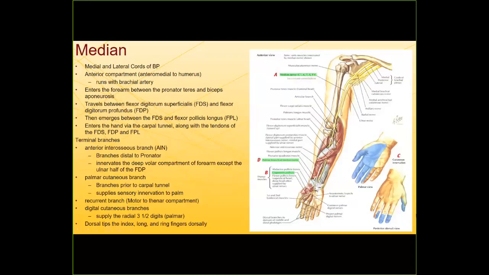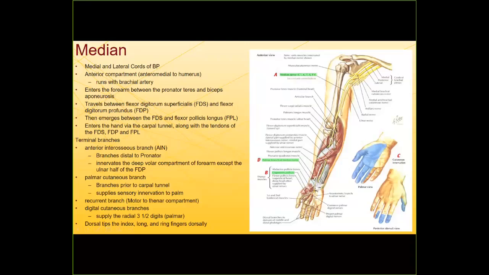Okay, and it sends off a branch to this side of the index finger, this side of the index finger, this side of the middle finger, this side of the middle finger, and then this side of the ring finger. Okay, and it's also sent off sensory branches up here to the thumb, each side of the thumb as well.